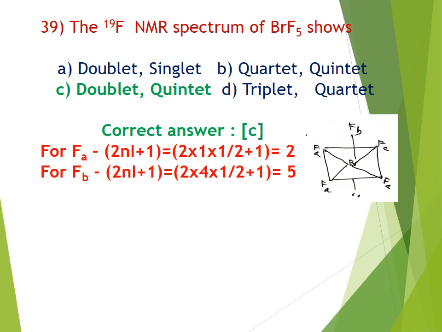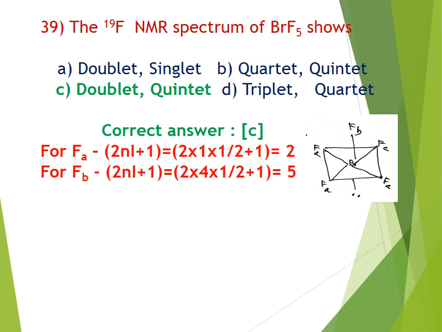For axial fluorine the neighboring nucleus is Fb. Therefore, if we consider the number of signals for Fa, it will be equal to 2nI plus 1. The neighboring nucleus is 1 and the spin equals half. Therefore 2 into 1 into half plus 1, that will be equal to 2.